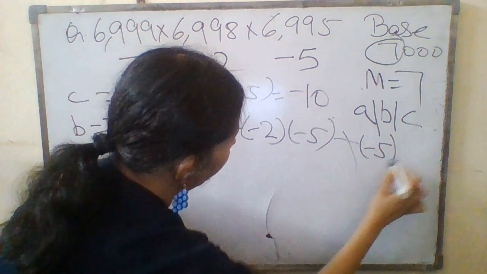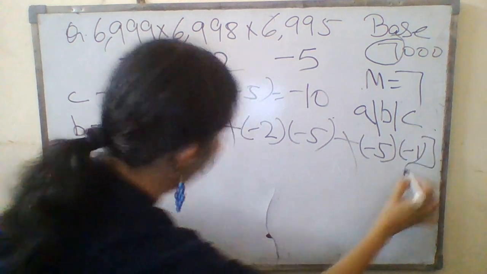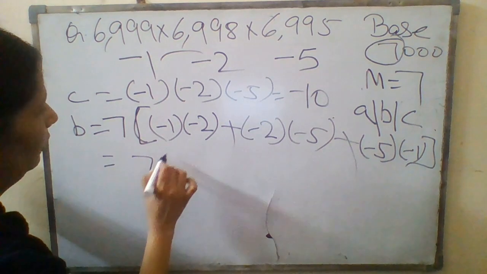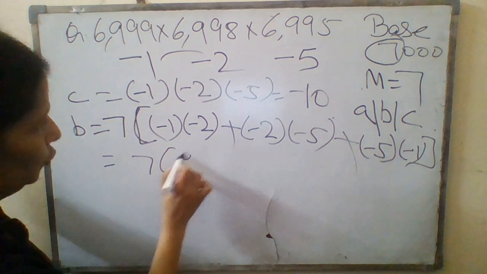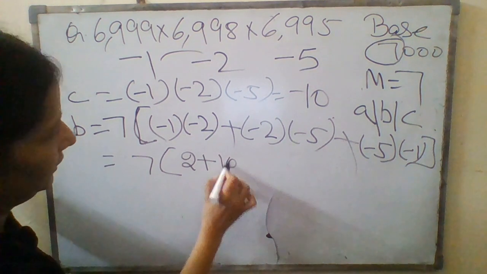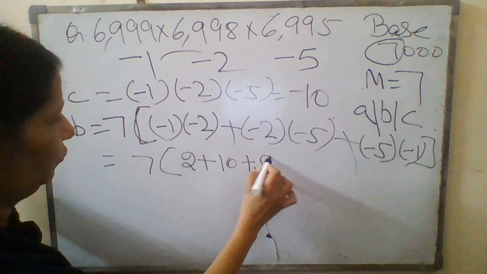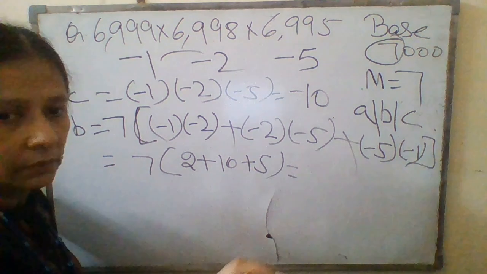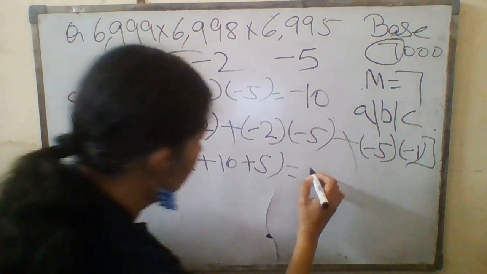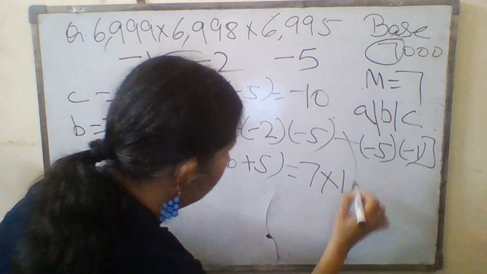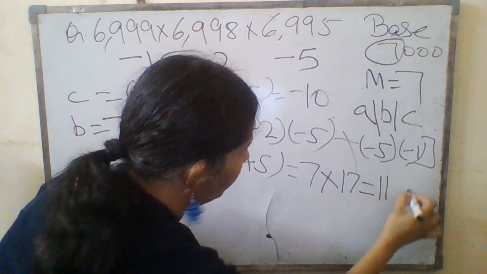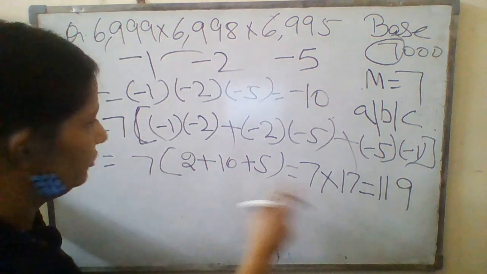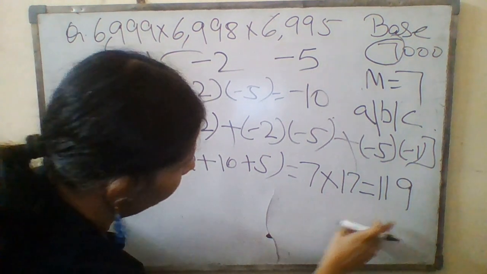Minus 5 into minus 1, bracket close, then 7. Now here, see, 2 plus 10 plus 5. So which will be equal to here? Okay, 7 into 17 and you will get here 119.